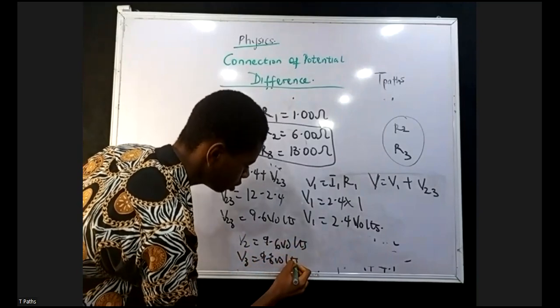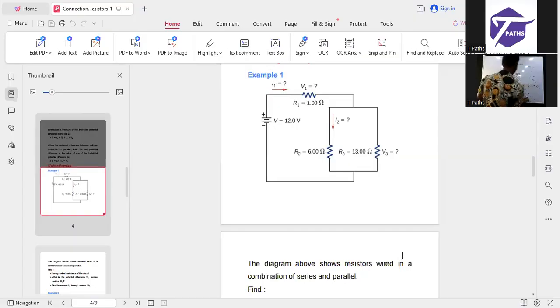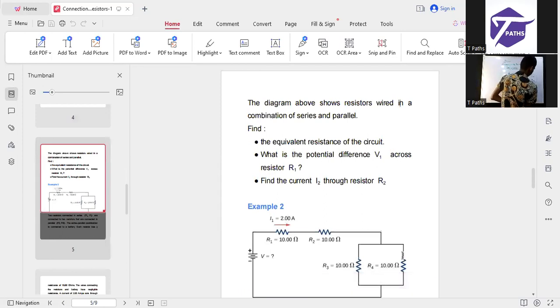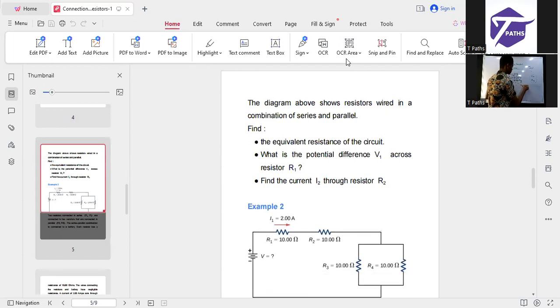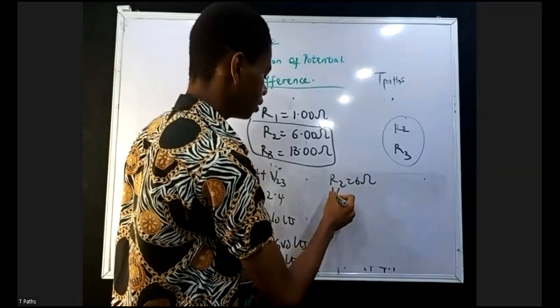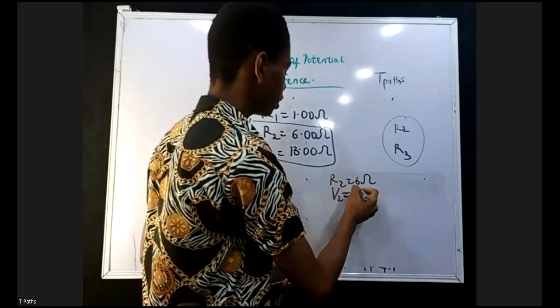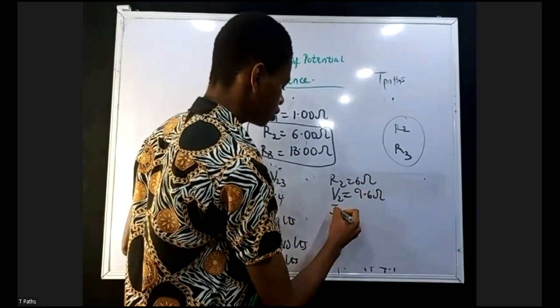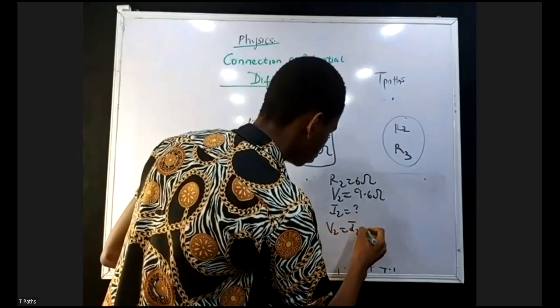But that's not where we are going. The question says find the current I2 passing across the resistor R2. Resistor R2 has a resistance of 6 ohms, 6.00 ohms. And my potential difference V2 is what I calculated as 9.6 volts. So I'm looking for I2, right? Using the same formula, V equals IR, I will say V2 equals I2 times R2.